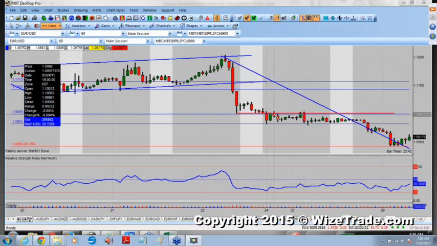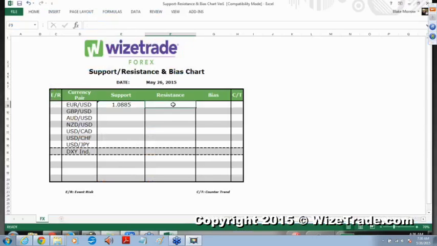Yeah, I guess it's at 110. Yeah, we have 110.10 over here, so 110. So if we get a move back up to 110, it's probably where our resistance is. We get back to 110, people that are long are probably going to be like, thank God we got back up here. Let me get out.